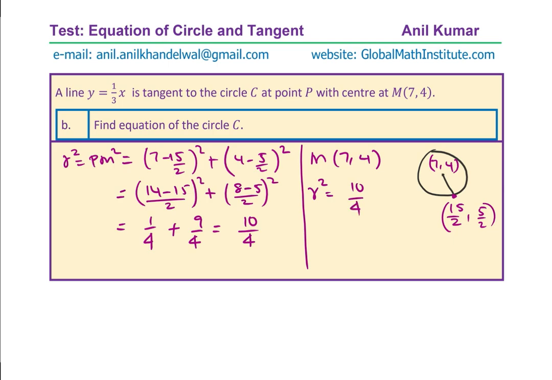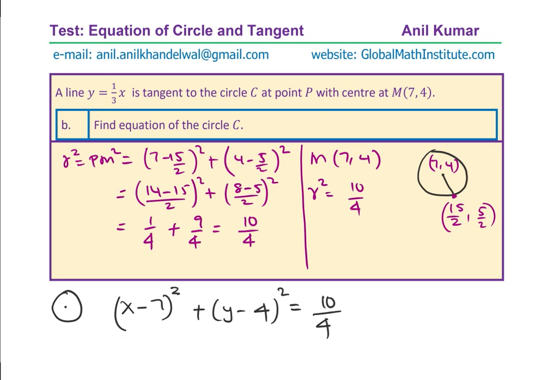So now, can you write down the equation of the circle? Surely. The equation of the circle is x minus 7 whole square plus y minus 4 whole square equals r square, which is 10 over 4. Correct?